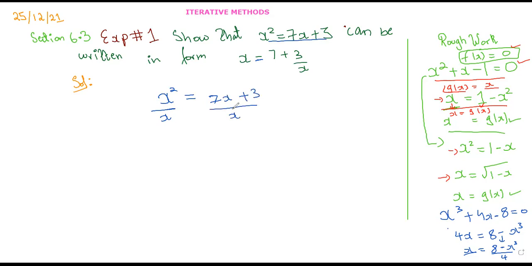In maths, we can do any similar operation on both sides of the equation. It's mathematically correct. So this would be x equals 7 plus 3 by x, right? So hence we have shown that this is basically this. So we are clear with this as well.